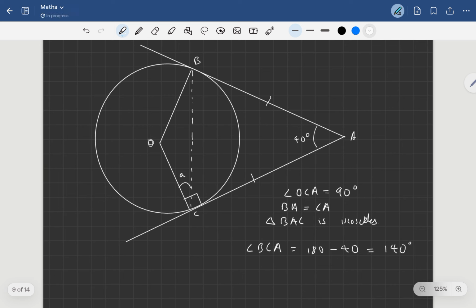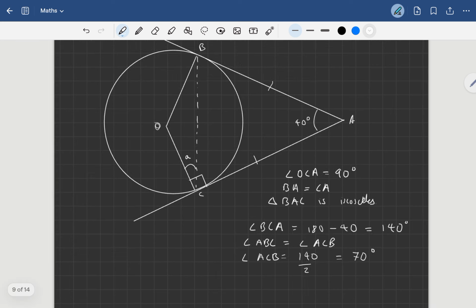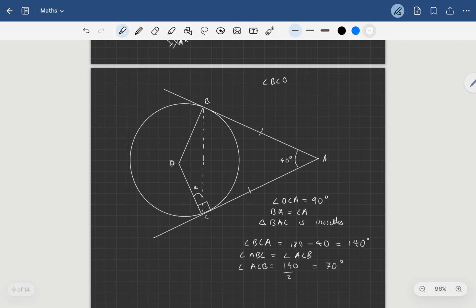But we also know that angle ABC is equal to angle ACB. So angle ACB is just equal to 140 over 2, which is 70 degrees. Okay? So we know that angle ACB is now 70 degrees.